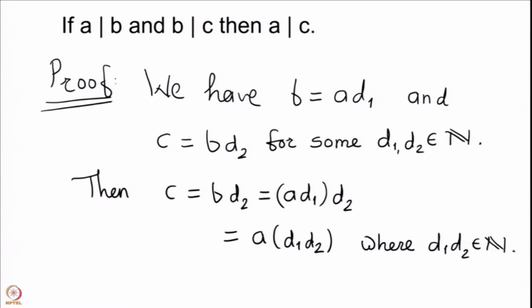So, we have written C as A into a natural number, and hence A divides C. So, we have proved that when A divides B and B divides C, then A must divide C.